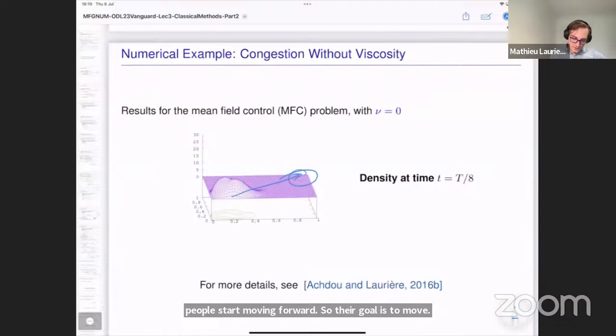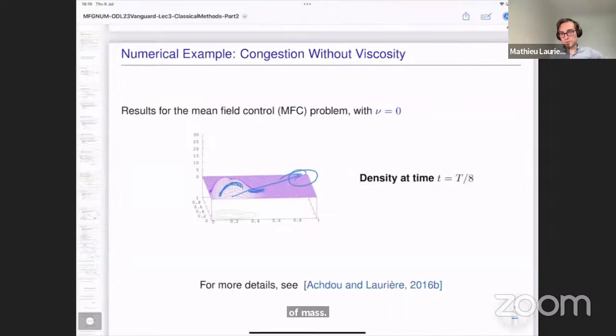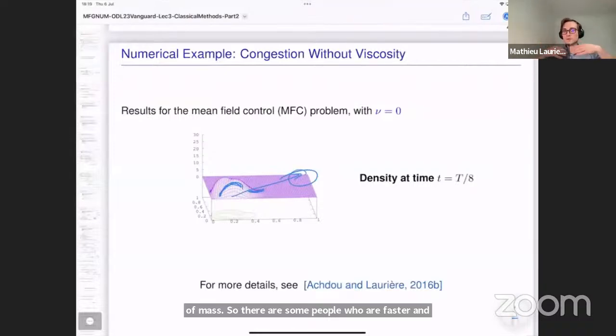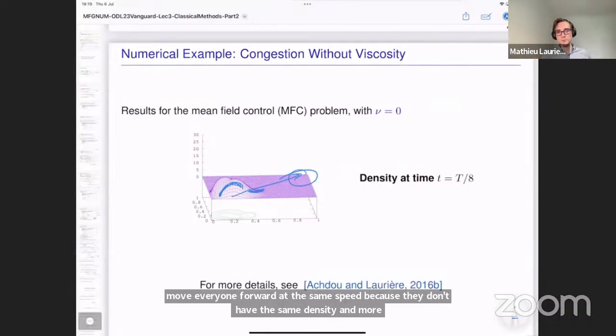But you see here there is a bump of mass. There are some people who are faster, and many people who are slower, and the reason is this congestion effect. It's not possible to move everyone forward at the same speed because they don't have the same density, and more density means you pay a higher cost, so you move more slowly.